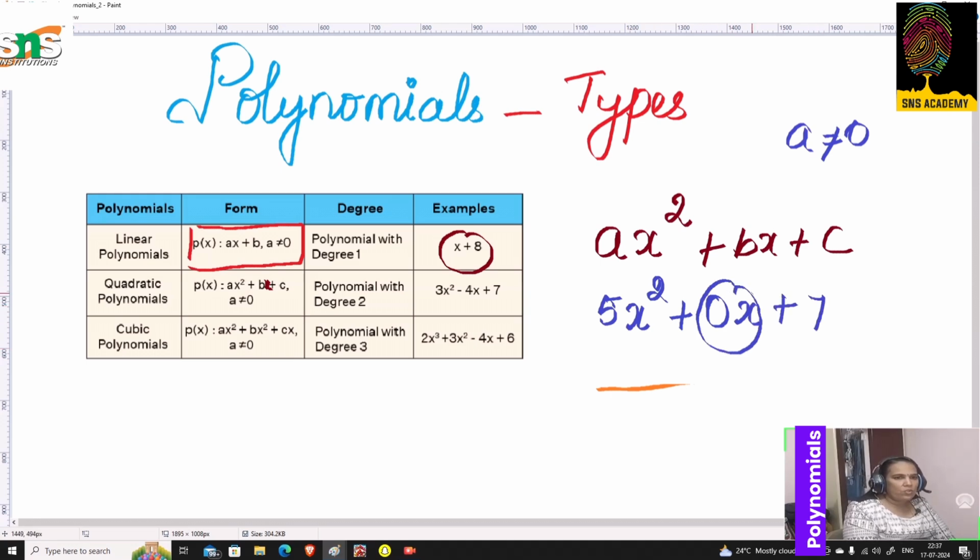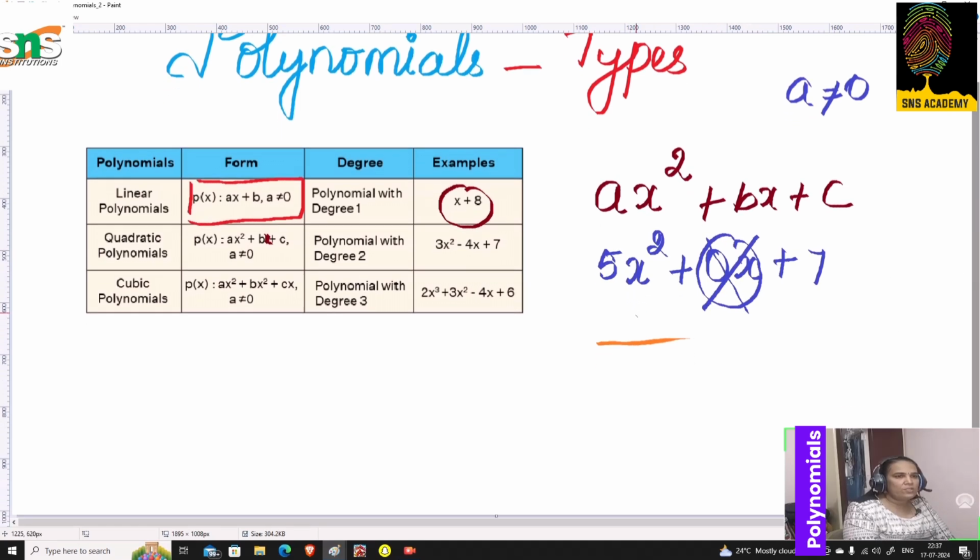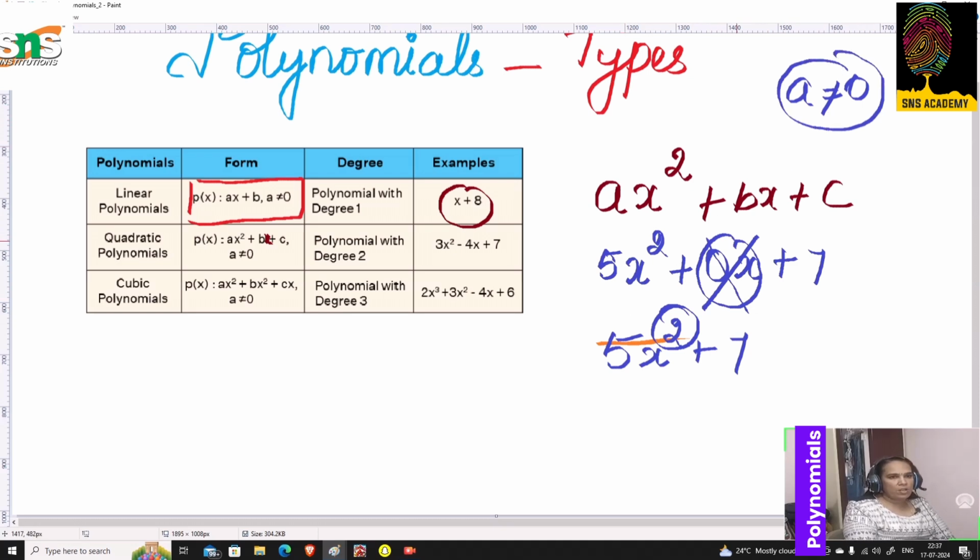If the second term becomes 0, there is no value for the second term. Even though there is no second term, still the power of the polynomial is 2, the highest power. So they are always saying a is not equal to 0, b may be 0 or may not be 0, c may be 0 or may not be 0, but a should not be equal to 0.